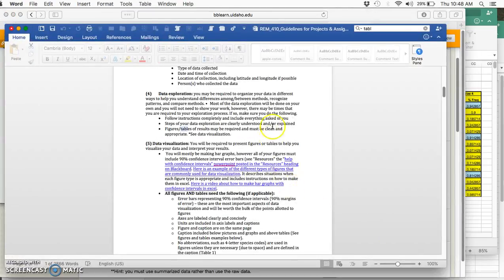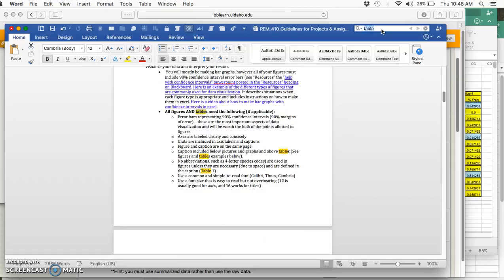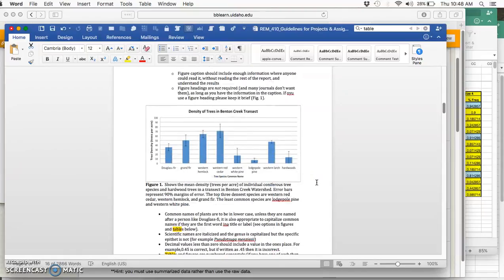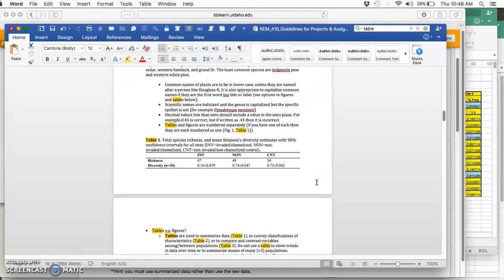So here are the guidelines, and if we search for the word table, this talks about what all tables and figures need. Caption is very important. Caption is below pictures and graphs and is supposed to be above tables. And then we can scroll down here, and here's an example of a table.